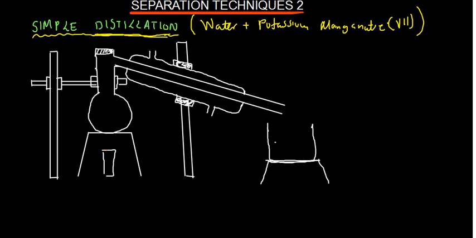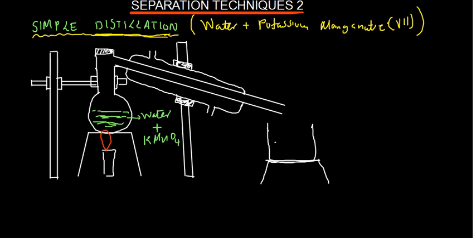And the liquid is a mixture: you have got a mixture of water and potassium manganate. I've written the formula, but that's the name potassium manganate there. I've just written the formula down.